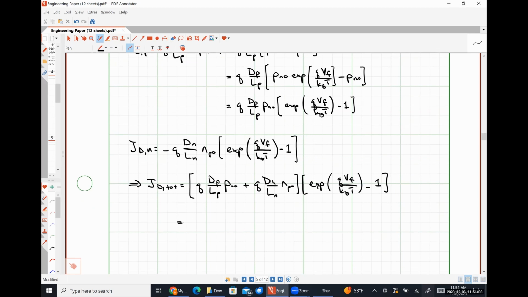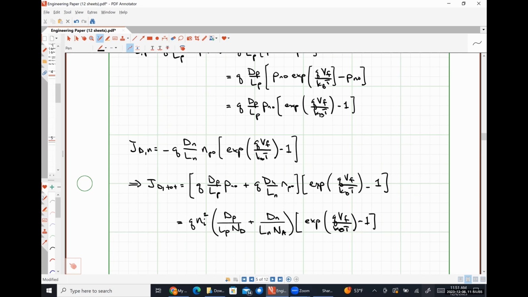And we can rewrite this as Q times Ni squared times dP over LP ND plus dN over Ln NA, times the exponential of Q VF over KBT minus 1.